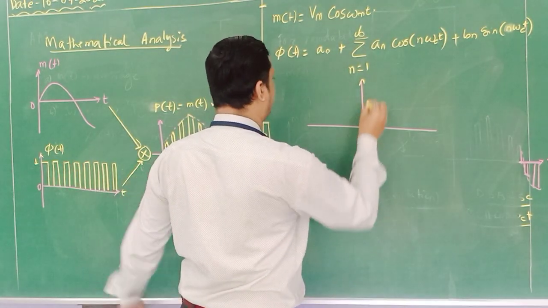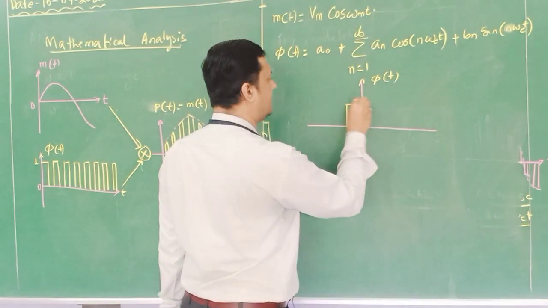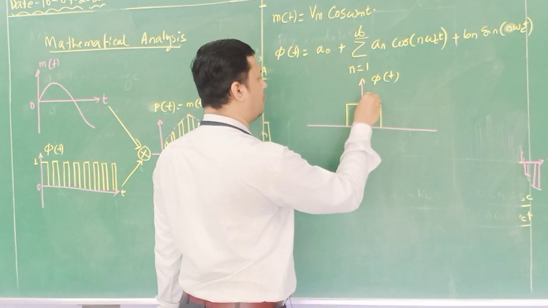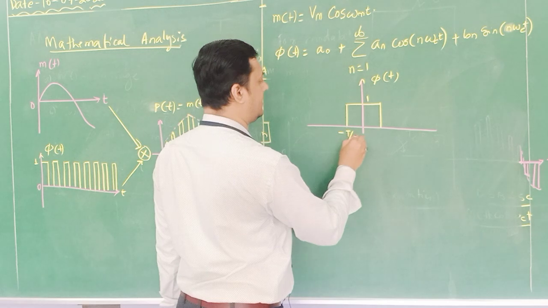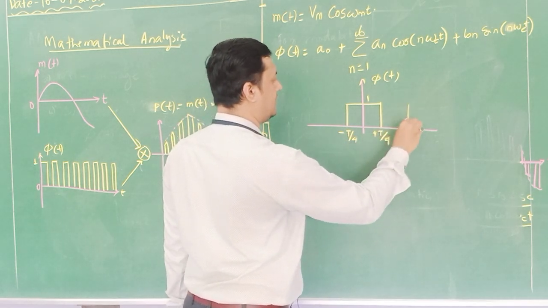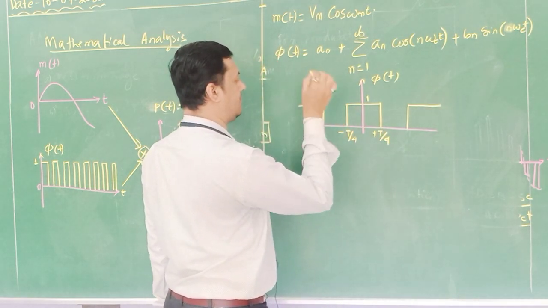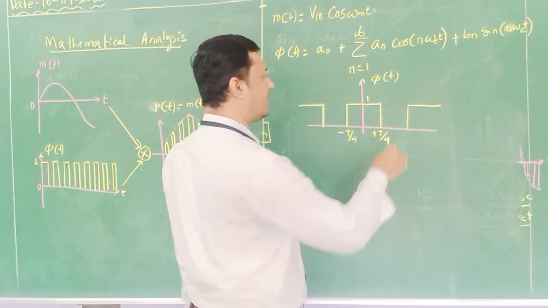So this is my phi of t. It has amplitude 1 from minus T by 4 to plus T by 4. Then again the amplitude is available at this particular time period.